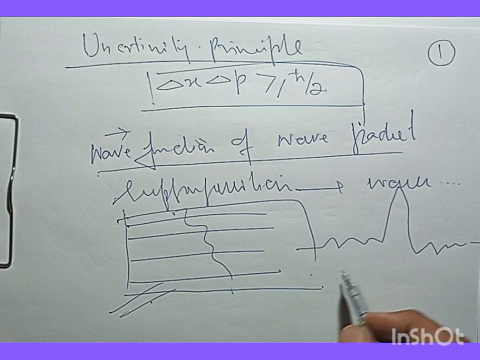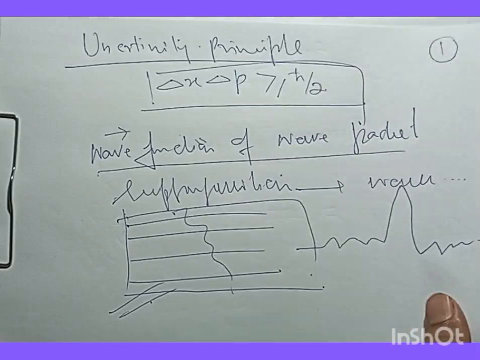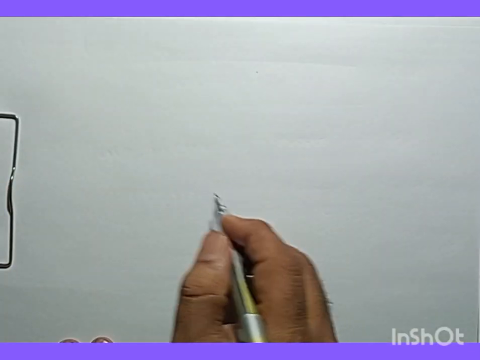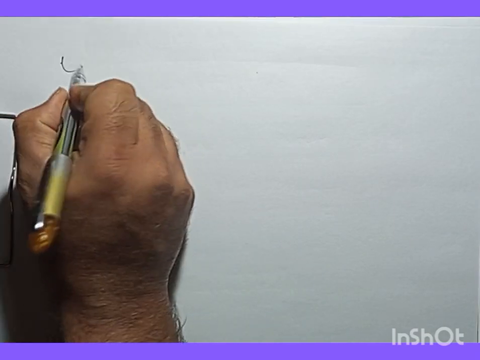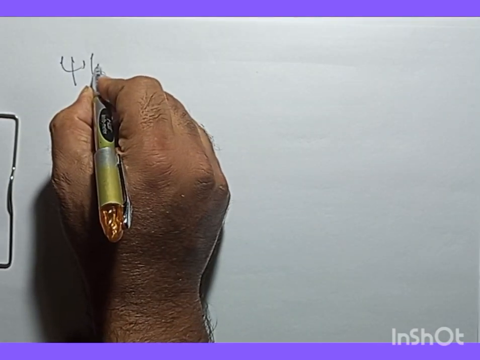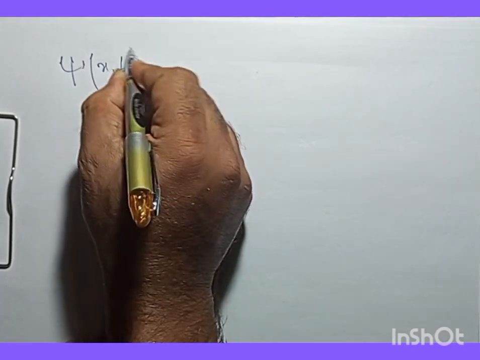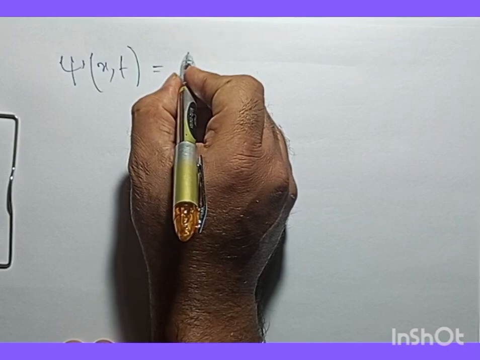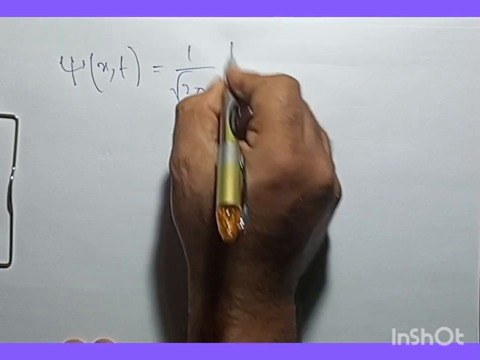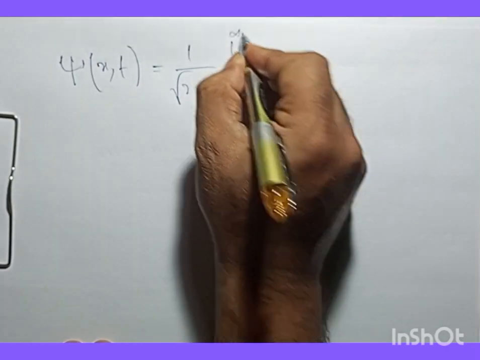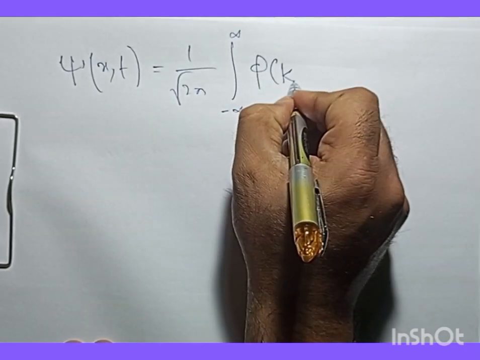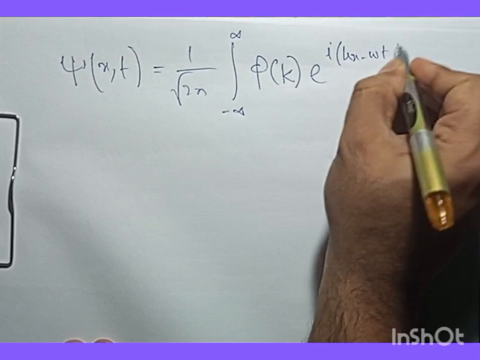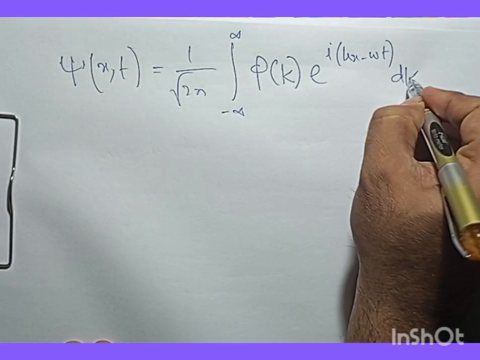And if we have to write down the wave function for this wave packet, let's assume that psi is the wave function. It's a function of position and time, and this wave function is 1 by under root of 2 pi, integral minus infinity to infinity, phi of k e to the power of i (kx minus omega t) dk.